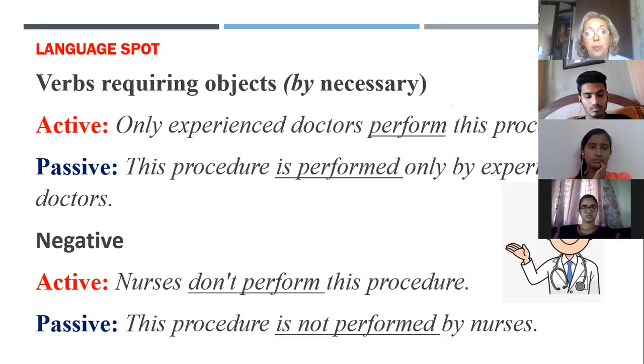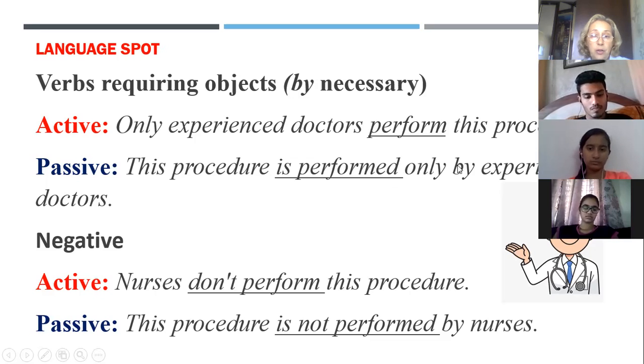So there is information about verbs requiring objects. It is necessary to mention who does the action, and by is necessary here. In the active voice, only experienced doctors perform this procedure. Perform, active. And passive voice: this procedure is performed only by experienced doctors.